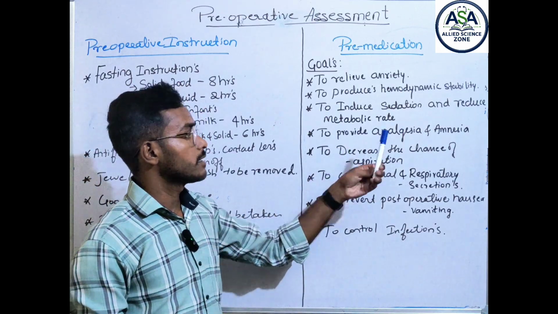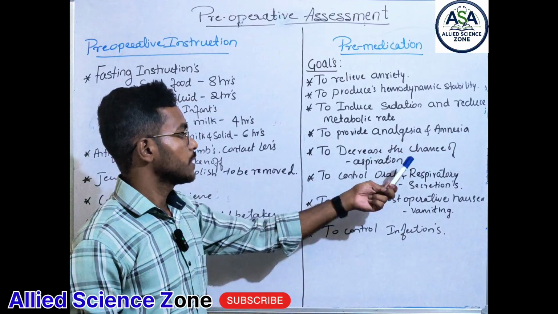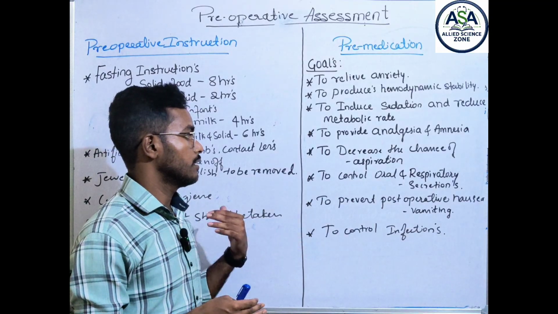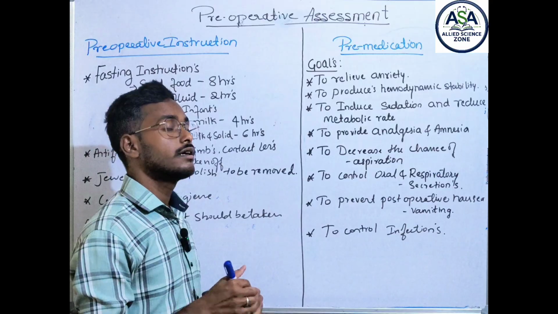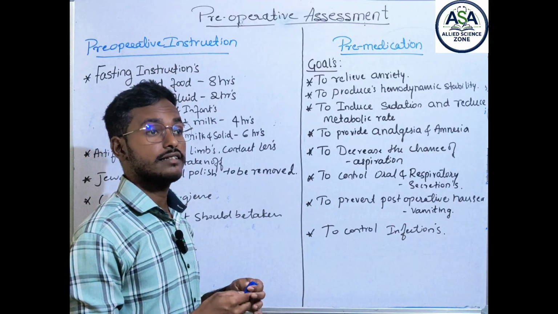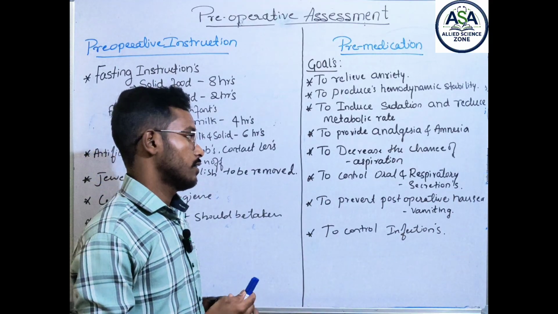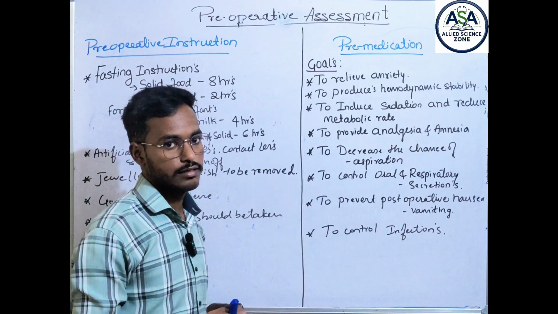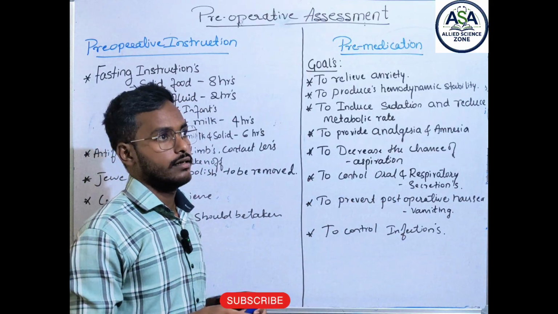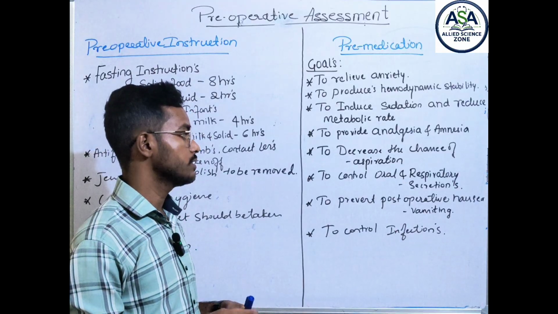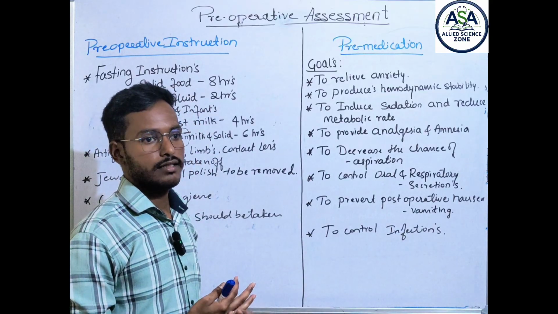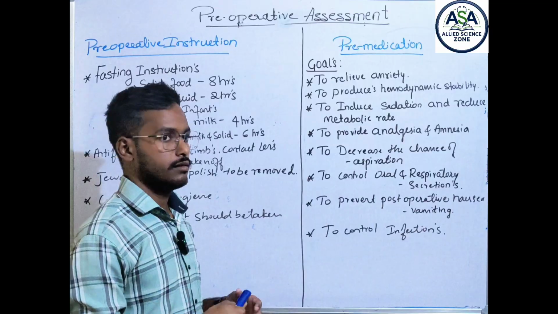Opioids are used for analgesia and amnesia pre-operatively. Aspiration chances are decreased by anti-aspiration drugs like metoclopramide, which decreases the risk of aspiration, and ranitidine, used if the aspiration risk is high. To control oral and respiratory secretions, you will use anticholinergic drugs; glycopyrrolate is used to reduce secretions. For post-operative nausea and vomiting, you use antiemetics like Perinorm and ondansetron.